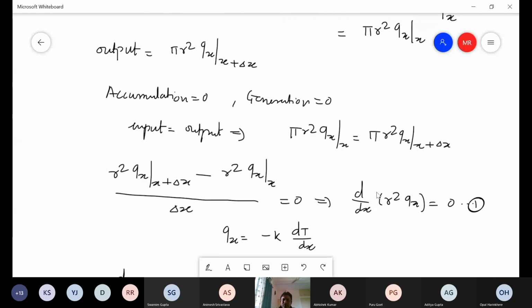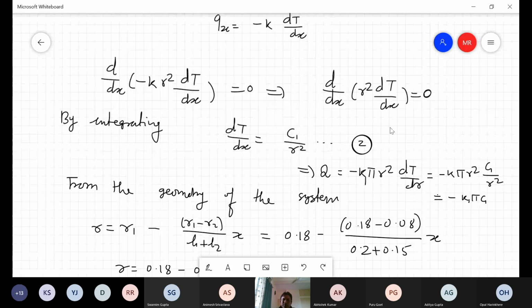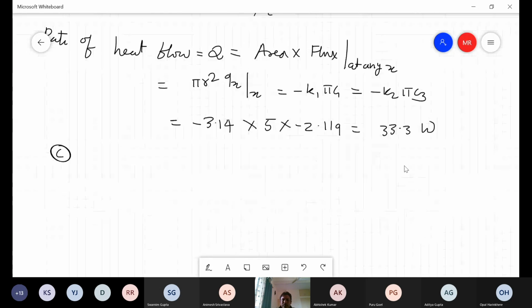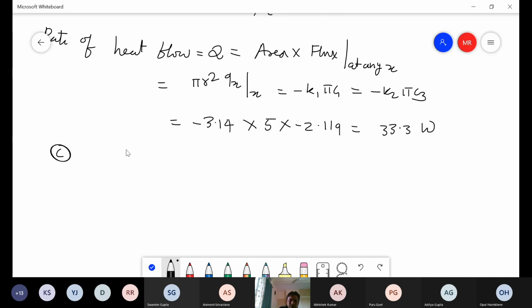So let us write down the expression for that. So heat flux is given by what? What we are interested in here is heat flux at the open end of layer 2.